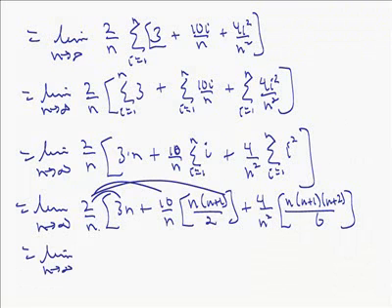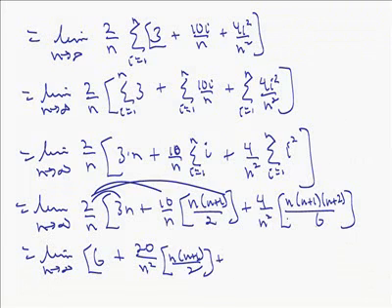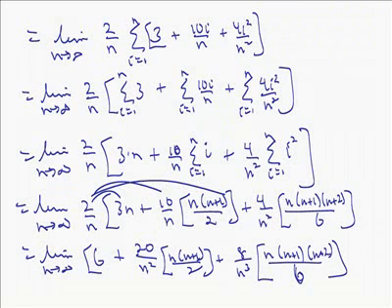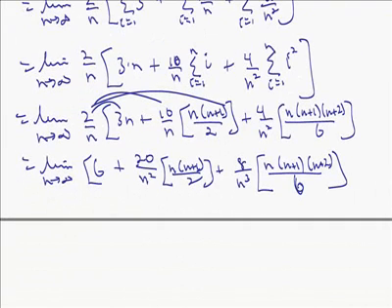Let's see, when we take these, the n's divide, we get 6 plus, here we'll have 2 times 10, that's 20 over n squared times a quantity of n times n plus 1 over 2, plus, it looks like, 2 times 4 is 8 over n cubed times a quantity of n times n plus 1 times 2n plus 1 all over 6. Alright, so now we're ready to take our limit. Now all we have to do is take our limit of all this. So what are these limits going to equal?